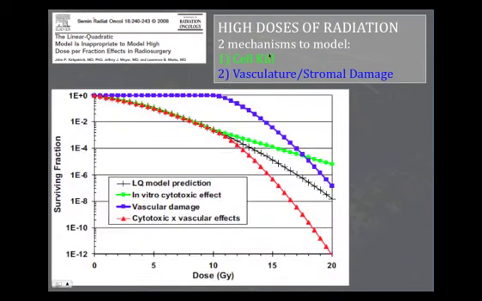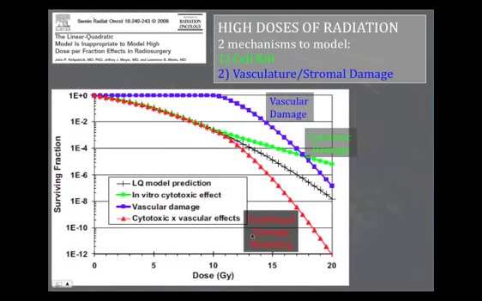So what happens? Here we see a publication contesting the use of the linear quadratic model in the radiosurgery setting. This curve shows the survival function for vascular damage. This one is the cytotoxic damage that we know, and it's predicted in the linear quadratic model.